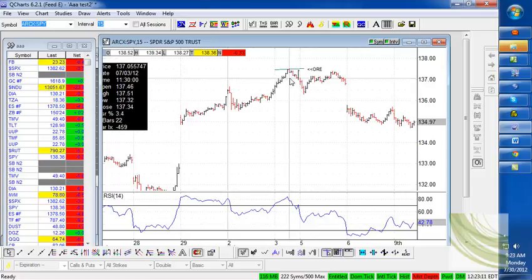Now, with market geometry, if you're using only one line, like an ORE line, then it'll come across at a certain value.